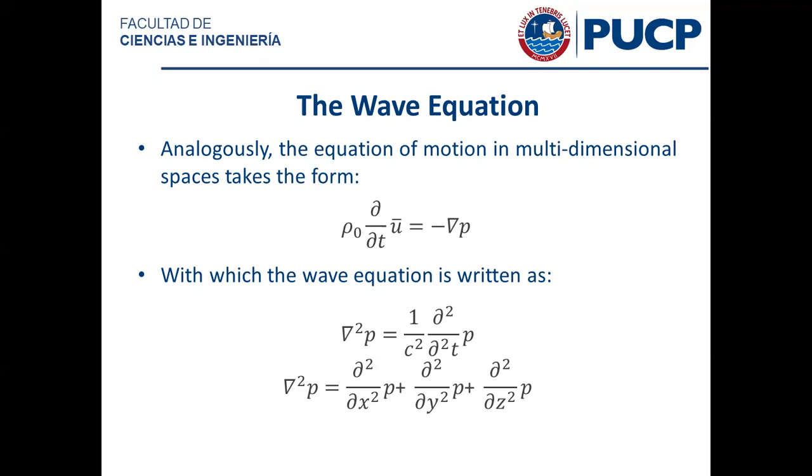With the Laplacian being the nabla squared operator, defined as the second derivative with respect to x of the pressure plus the second derivative with respect to y plus the second derivative with respect to z. So again, that would follow from a direct manipulation of the vectorial equations, and you would still make it back to an equation that's very close. It is almost a trivial extension of the equation that we had before.